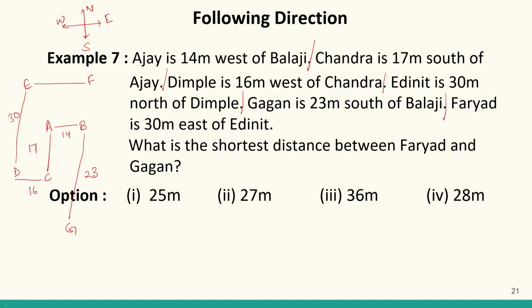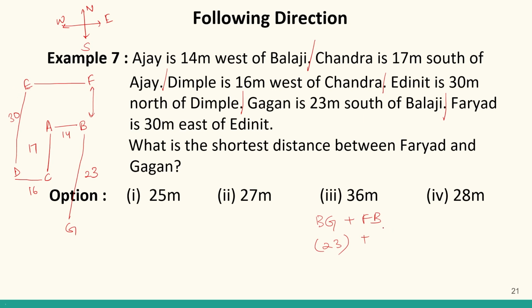Okay. Now, we have to find out the shortest distance between Faryad and Gagan. So over here, the distance between Faryad and Gagan will be between B and G plus between F and B. So B and G we already know is 23. FB, if we look at the diagram, FB will be how much? It will be 30 minus 17, right?